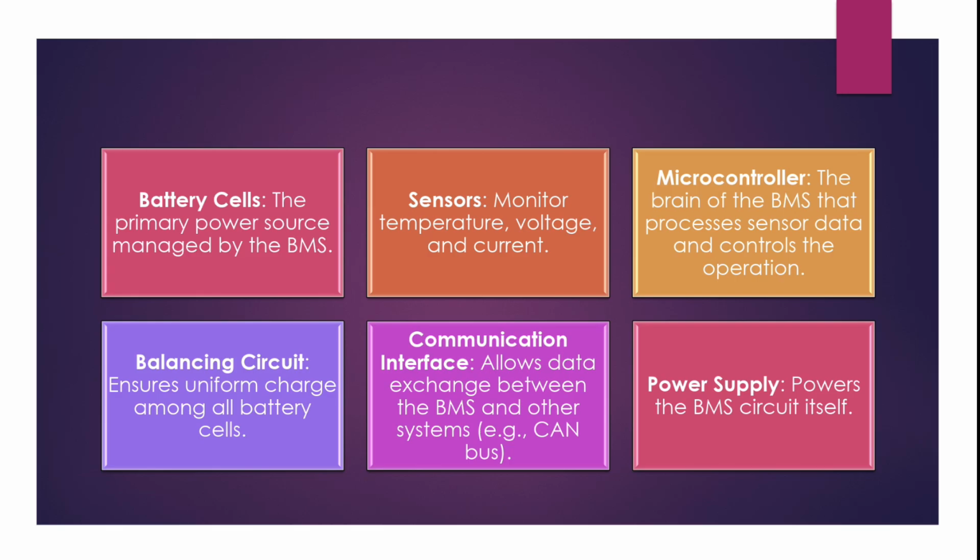Microcontroller, the brain of the BMS that processes sensor data and controls the operation. Balancing circuit ensures uniform charge among all battery cells. Communication interface allows data exchange between the BMS and other systems. Power supply powers the BMS circuit itself.